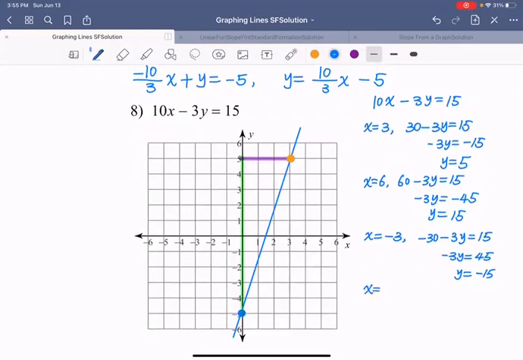Let's try x equals 0. It would be 0 minus 3y equals 15. So y equals -5. So that becomes the same point as here. And you notice that 0 is always a good point to try.